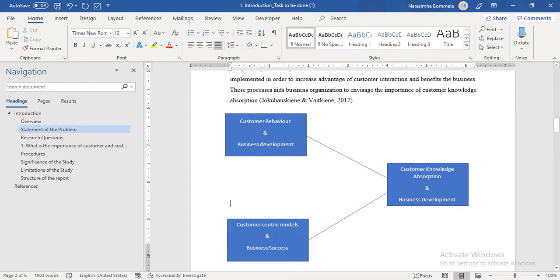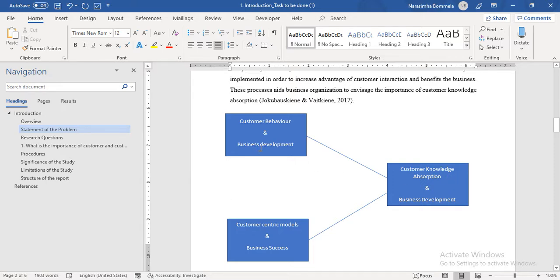To address this, we have two different independent variables. This is dependent and these two are independent variables. One is consumer behavior and its implications on sales, and the second is customer-centric models and its implications on business success. We study these two things exclusively and try to address this problem.